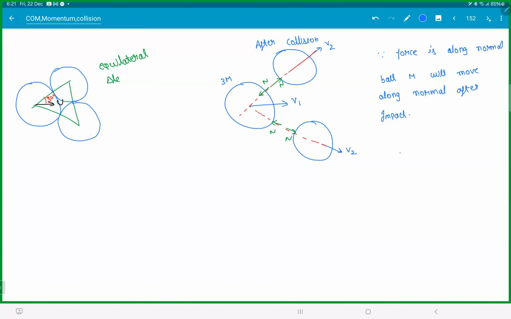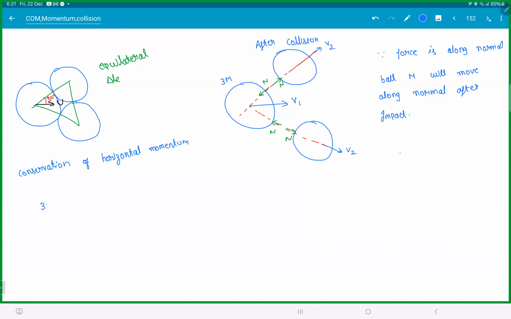Hope you guys did that. Then conservation of momentum. I hope everyone is clear why v2 should be in that direction only, not any other direction. Since initially m was at rest, if you kick it in some direction, the velocity should be in that direction.